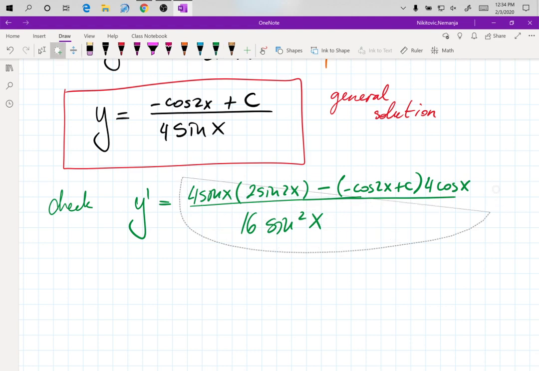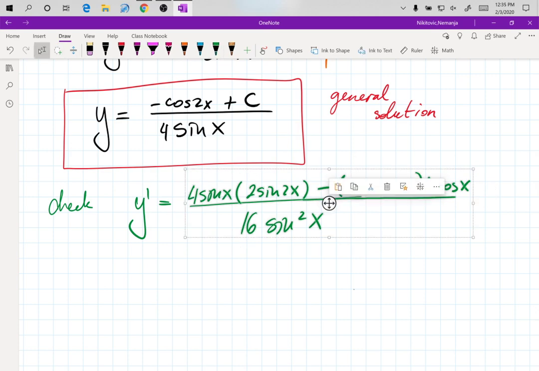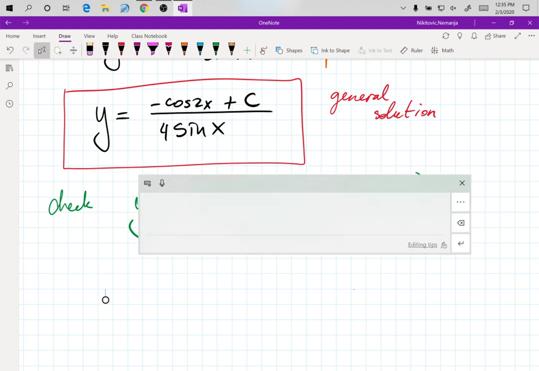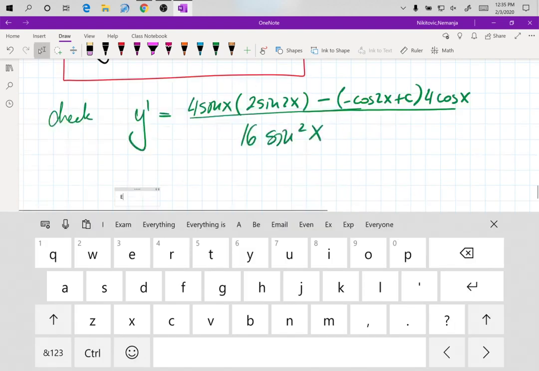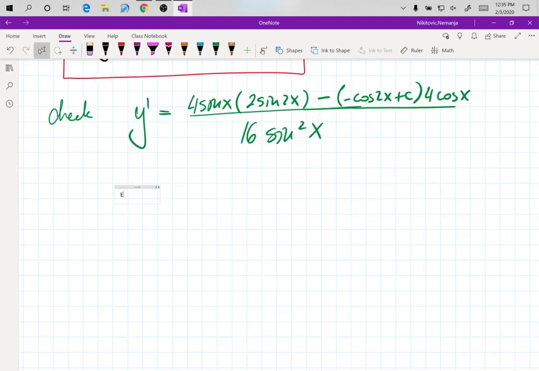So all we need to do is to stuff this into the derivative, so the way you copy is, as you can see, you select, and then you just bring it here. Really? And then that fails me.